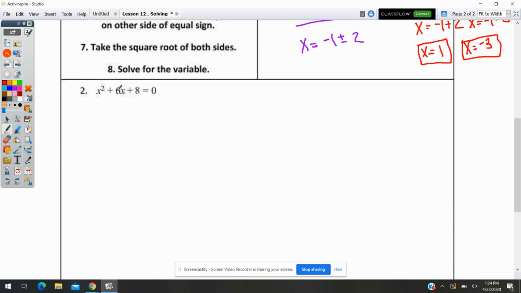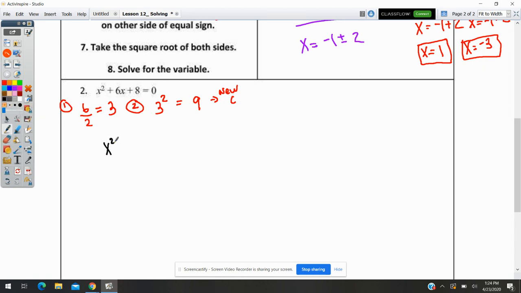First thing you're going to do is take your b value and divide by 2. So our b is 6 divided by 2, and that is 3. The second step is we're going to take this 3 and raise it to the second power, which is 9. So now this is our new c. Okay, so let's rewrite our equation.